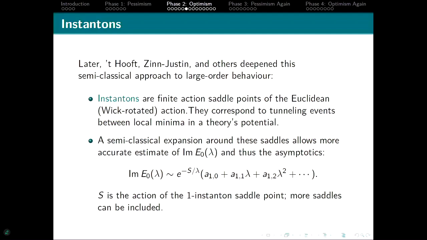And this instanton language is used to expand on the semi-classical calculation of these tunneling effects, which Bender and Wu employed, and use these instanton coefficients to approximate the large order coefficients, so the factorial divergences that you'd expect in your perturbative expansion.